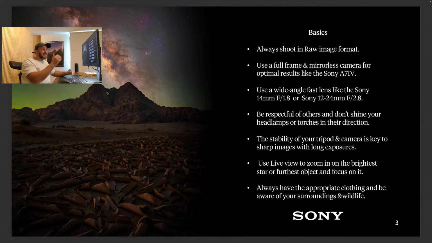These lenses, f1.8 or f2.8, have very fast apertures. The lower the f-number, the more light comes in, so you can gather more light and get more information in your pictures. That's really important for night photography.